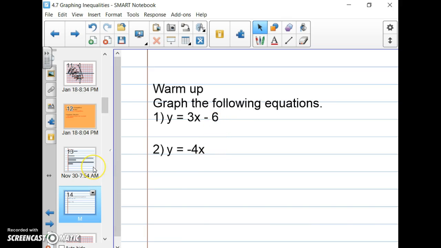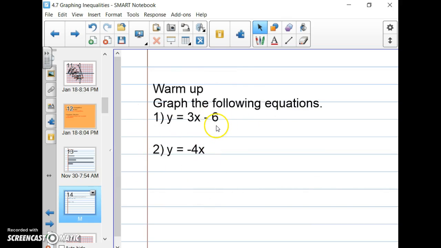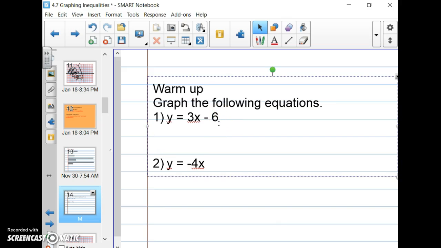So to review, y-intercept form equals y equals mx plus b. M is your slope, b is your y-intercept. Now, these two equations are already written in that format. So let's do the first one. If you guys remember, I usually had you do m is equal to, and then a fraction. So m is whatever is being multiplied by x, that's the 3 here. So I'm going to write down 3, and I want that to be a fraction, so I'm going to put it over 1.